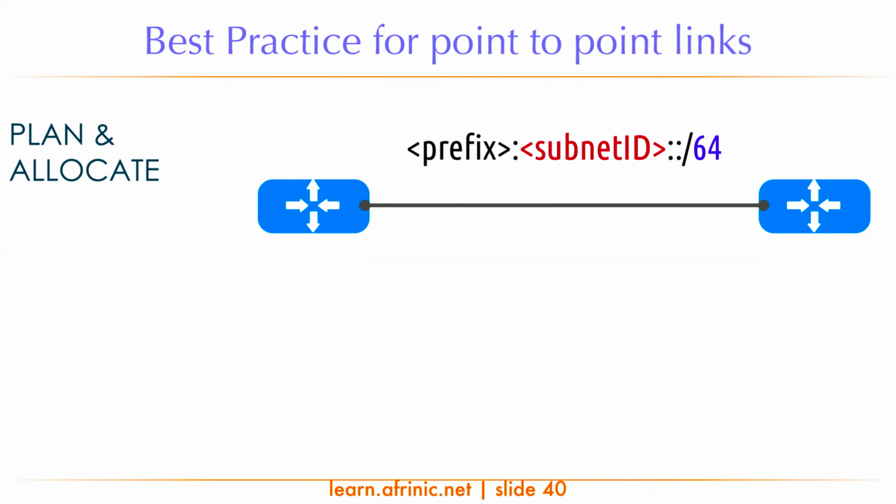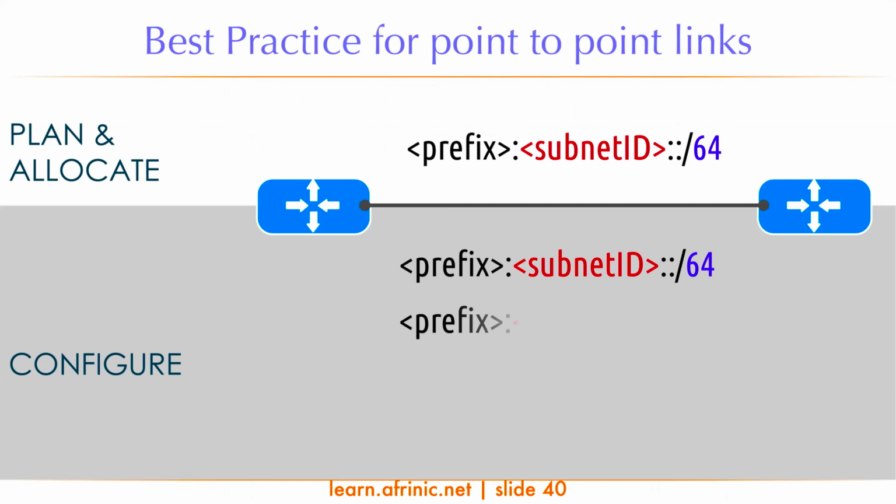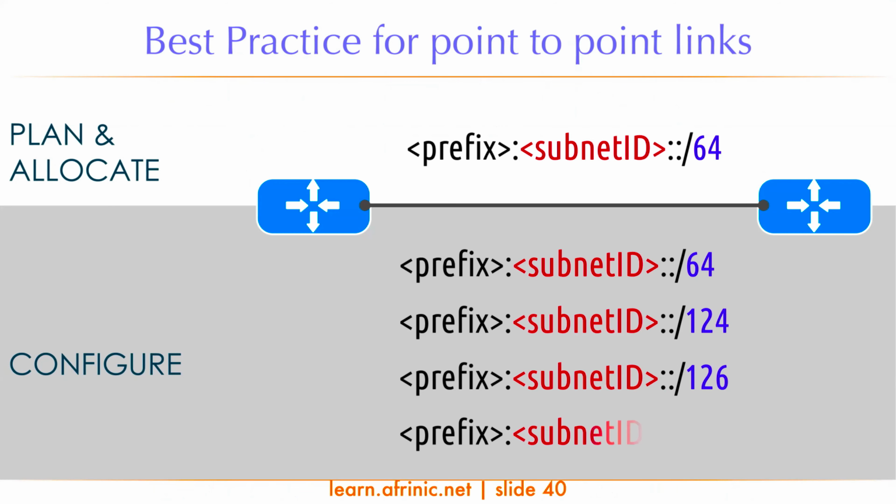But basically /127 is just for security reasons. Remember, you're configuring two addresses at this end and at this end. So it means that you're left with 2 to the power of 64 minus 3 addresses that you can configure on this point-to-point link, right?